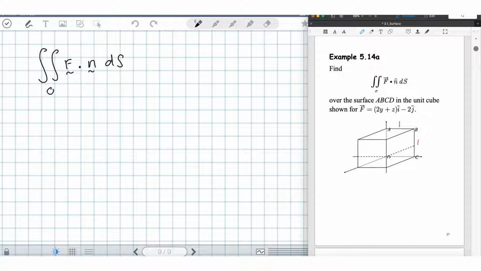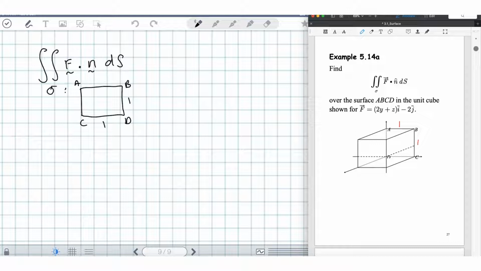The surface we are interested in is just this plane, A, B, C, D, and the value of them is 1 because unit means 1.